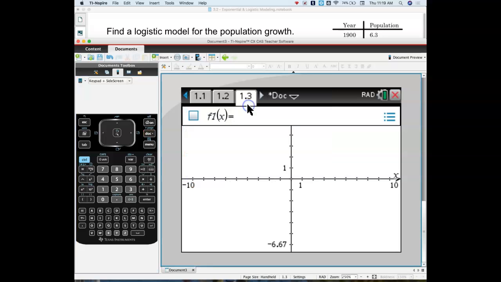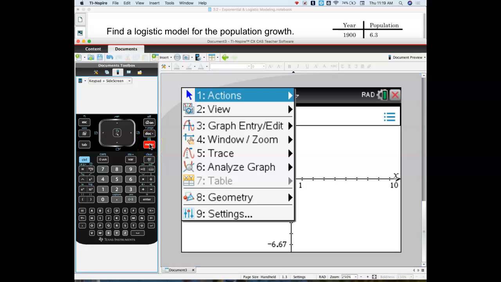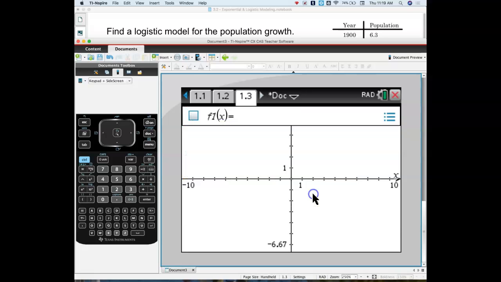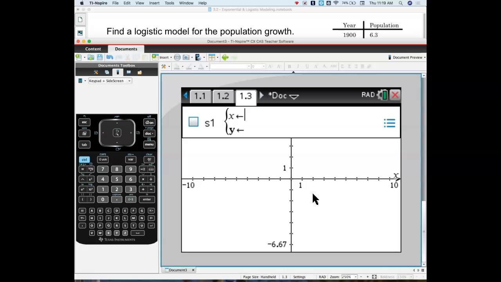When I do that graph, I'm going to go into menu, and in my graph entry, I'm going to change it from function, which it is right now, to a scatter plot. By clicking on the scatter plot, it tells me I want to define my x's as whatever I titled my years column to be.